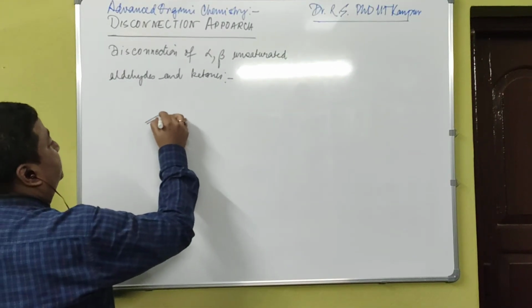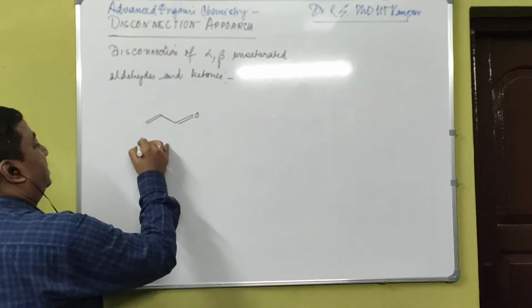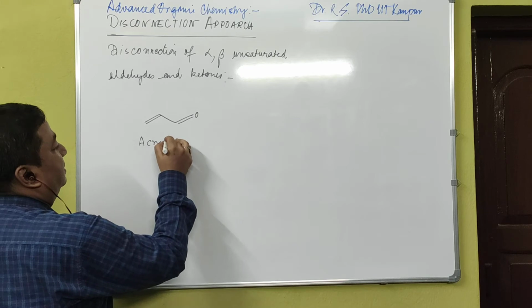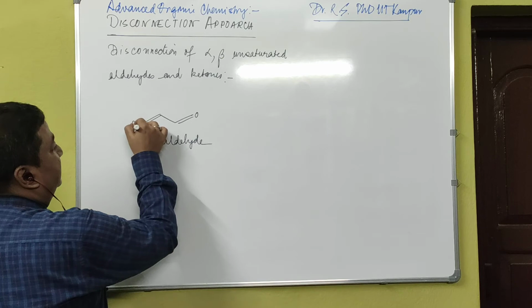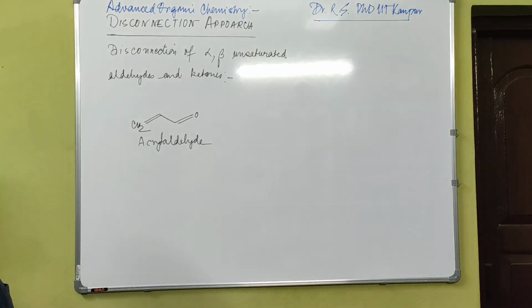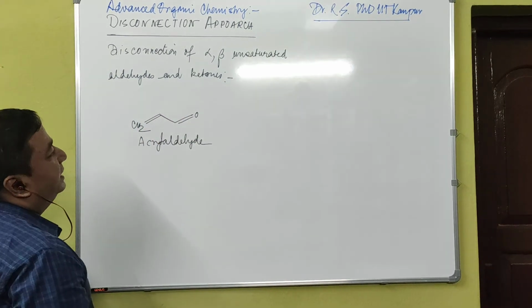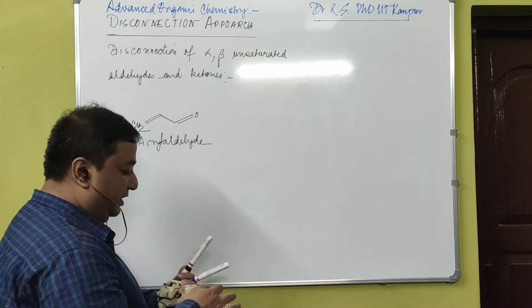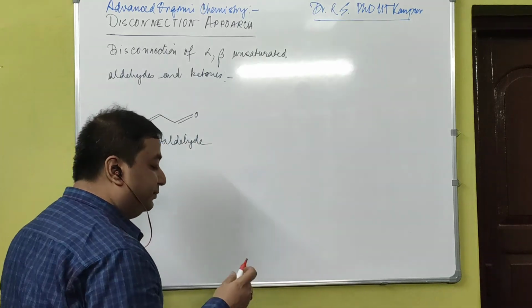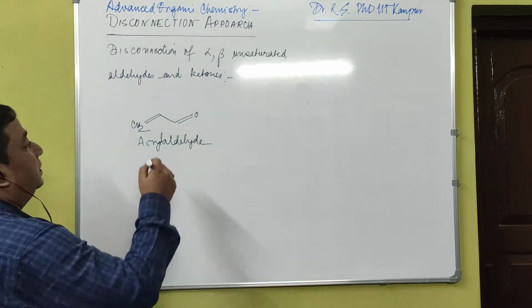Suppose I give you a simple molecule like this, and you know this is called acrylaldehyde. This is basically CH2=CH-CHO. Now you're going to first find out if it is coming from an aldol reaction, it can be a cross aldol reaction also.